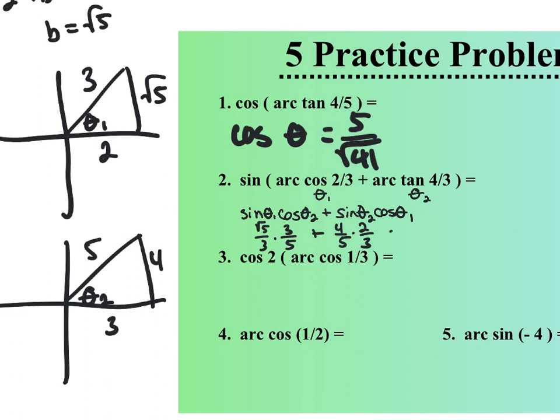Both the denominators are 15. Let me give myself a little bit more room for this. And I get 3 root 5 plus 8 all over 15.